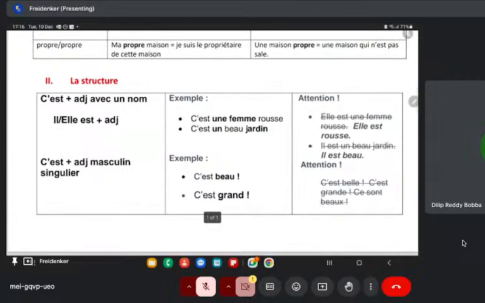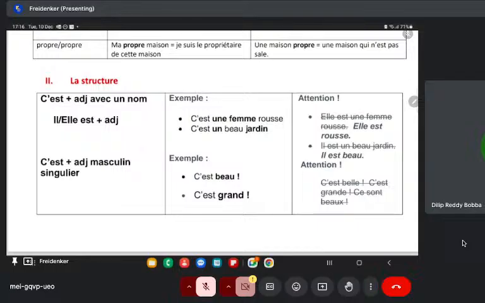If you want to use the word "jardin", if you want to use the noun, you have to use "c'est". Basically, don't use the noun here. If you're using "il est" or "elle est", you directly have to use the adjective. You can't use a noun there. So if I want to say he is handsome, I have to say "il est beau".